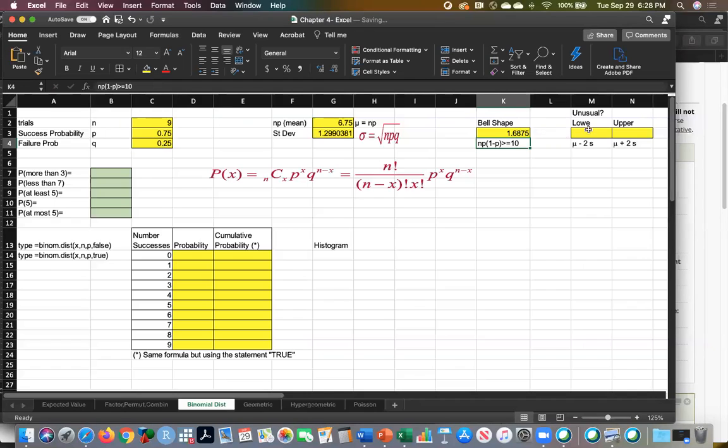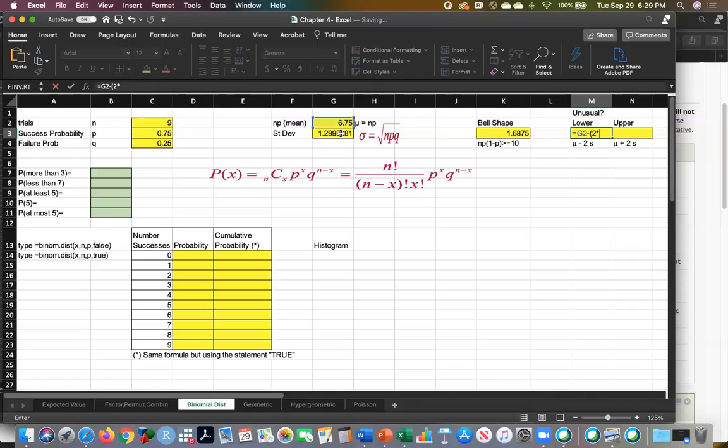Also, you might ask, what are the values that bound two standard deviations to the right and to the left? That's not difficult to find. This is my mean, and then I subtract two standard deviations.